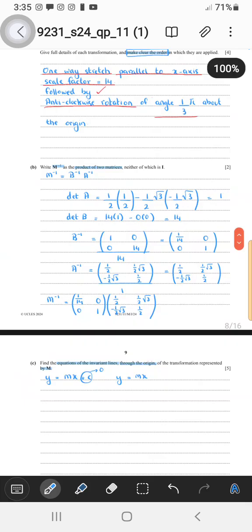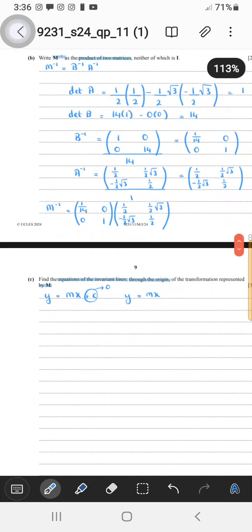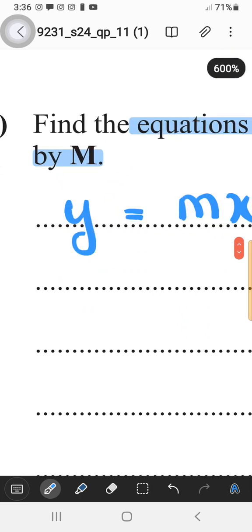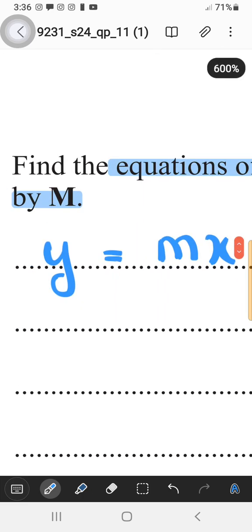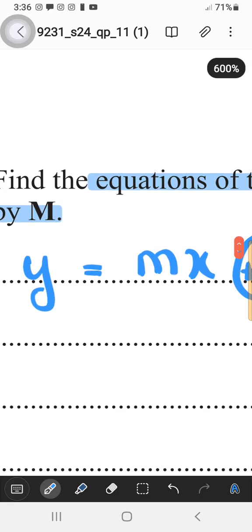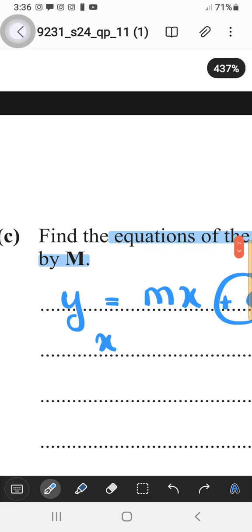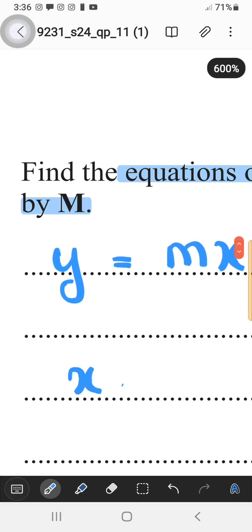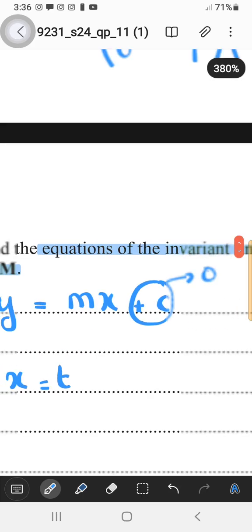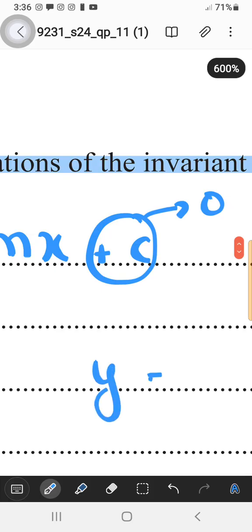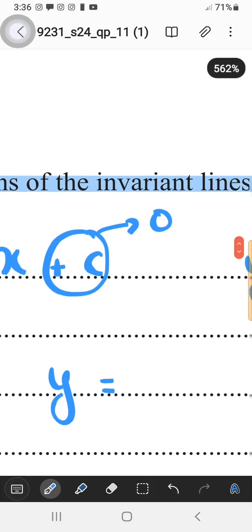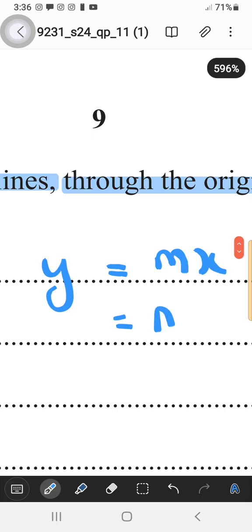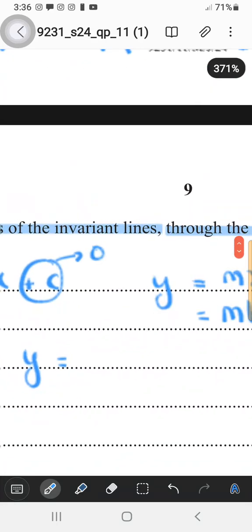Then we will do that. We say that if x equal to t, then what will be y? We have this equation. If we write mt, so this is y.